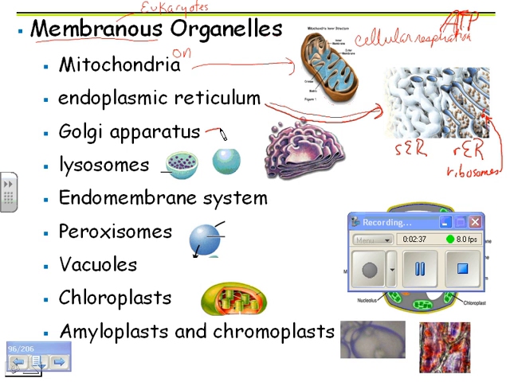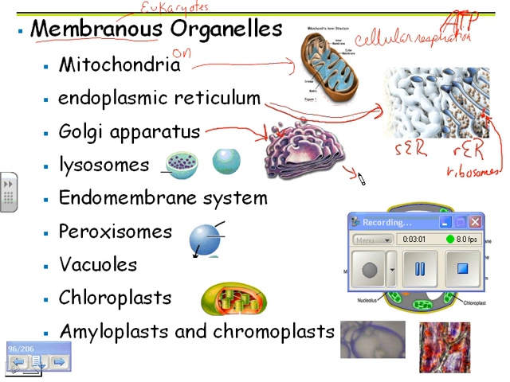Golgi body or Golgi apparatus, that's this. And it looks kind of like a stack of pancakes, but it's a bunch of membranous sacs. And vesicles will come to it and join. So a vesicle maybe from the ER will come here, join, and then get changed. And then on the other end, another vesicle will pinch off, and that vesicle will maybe bring stuff outside the cell.